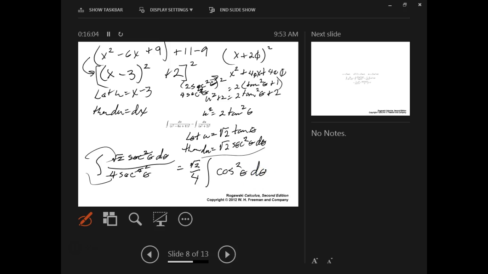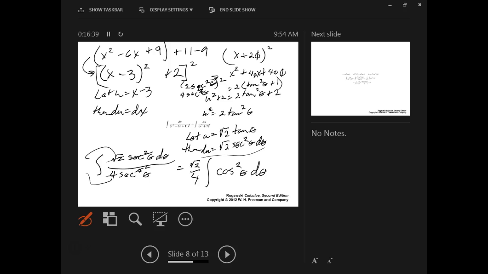Rapidly running out of room. Can we integrate cosine squared? The answer is sure we can. How? One of the things. Why didn't I think of that? What thing would that be? Go in the handy dandy table. It's number 4.